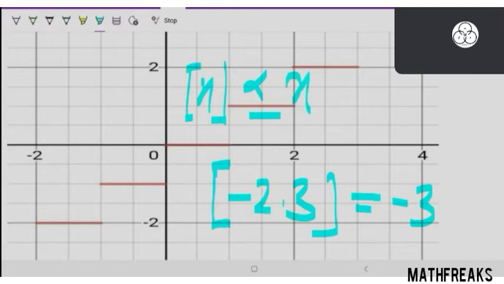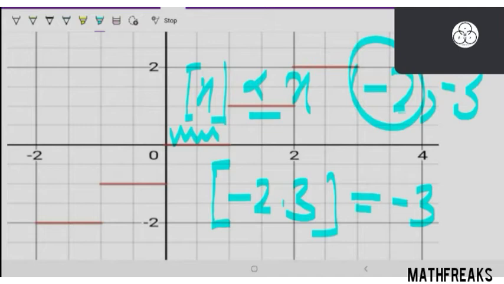With this definition in mind, box of x gives us the greatest integer less than or equal to x. Just simply compare between -2 and -3. What is the greatest integer? Clearly -2 is larger than -3, because this time they are negative. That is the key point to be noted.